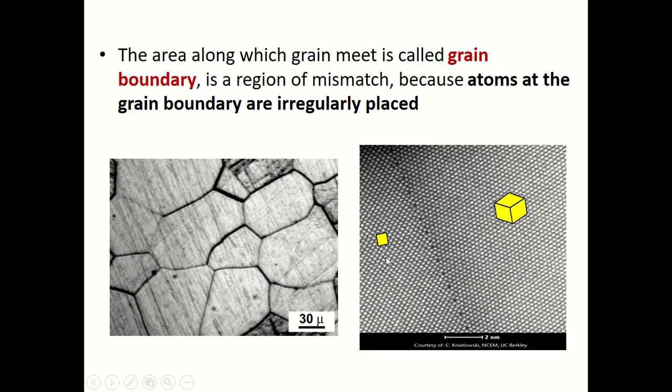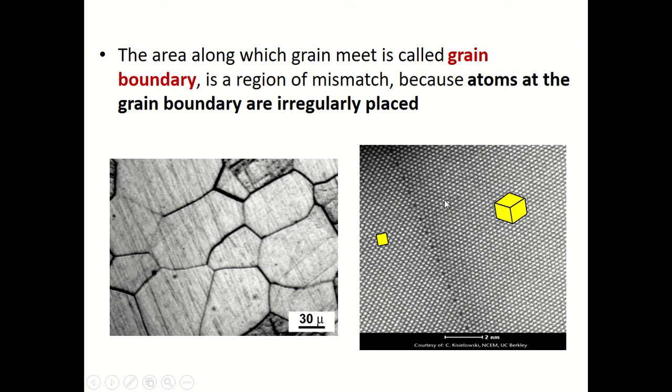This is a scanning electron microscope image of a grain boundary. You can see these are the different grains. This is actually a transmission electron microscope image, where you can see the resolution in the nanometer range. This is the grain boundary; this is a grain, this is a grain.